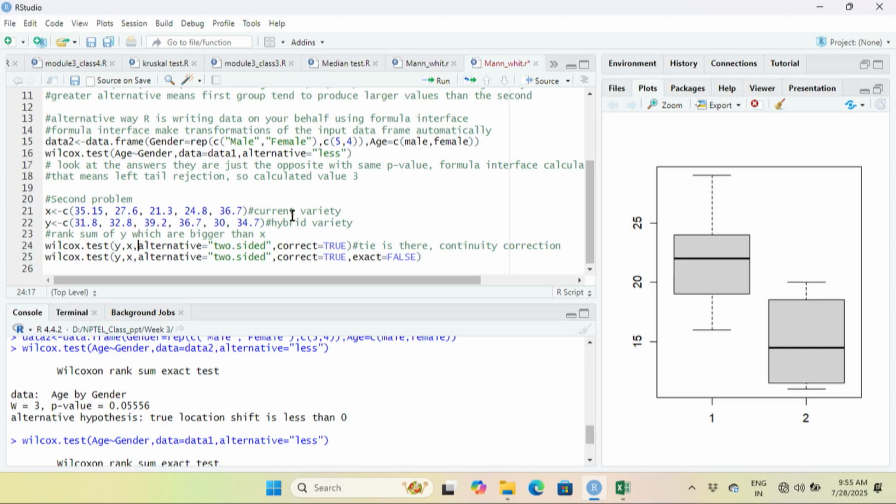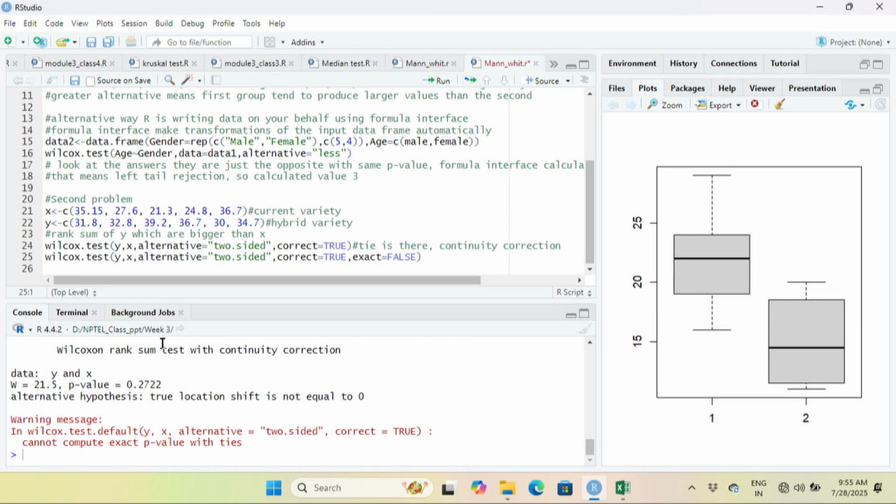Then what will you have? You will have one warning message. When I am writing correct is equal to TRUE, that means continuity correction is true. You have to make the continuity correction because of the tie. Even so, you are having one warning message.